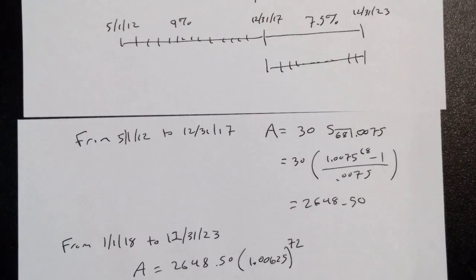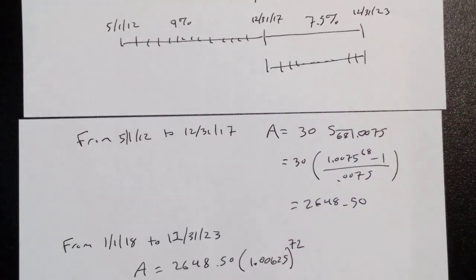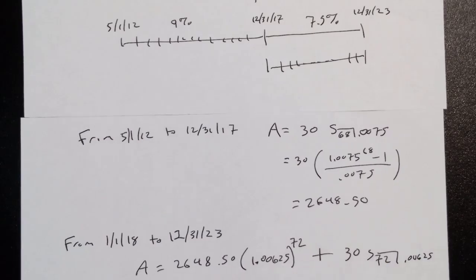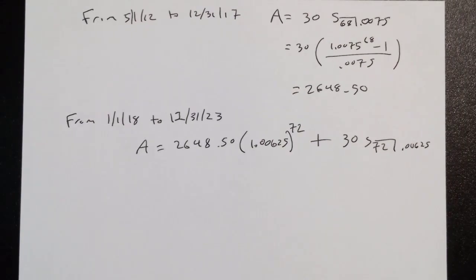But at the same time, as this upper line is going on between these two dates, so is this lower line. What is that accumulation? Ta-da! So the money sits in the bank. It earns interest.